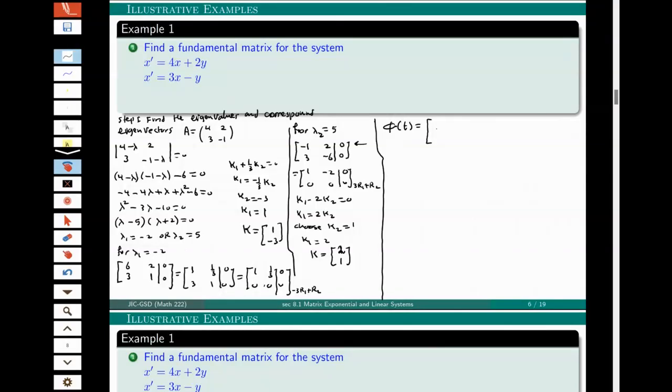Lambda 1 is minus 2, so the entries are 1 times e to the power minus 2t, and minus 3 times e to the power minus 2t. Okay, that is what we have.